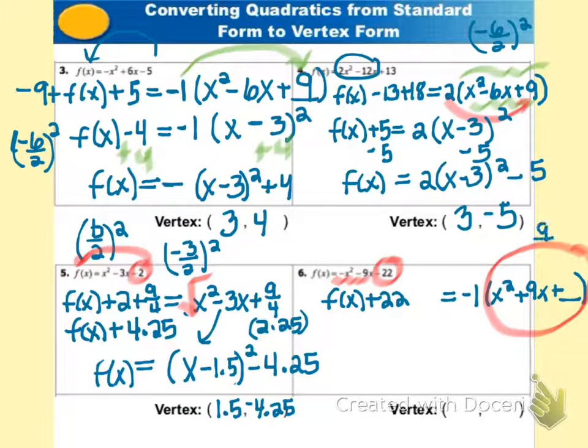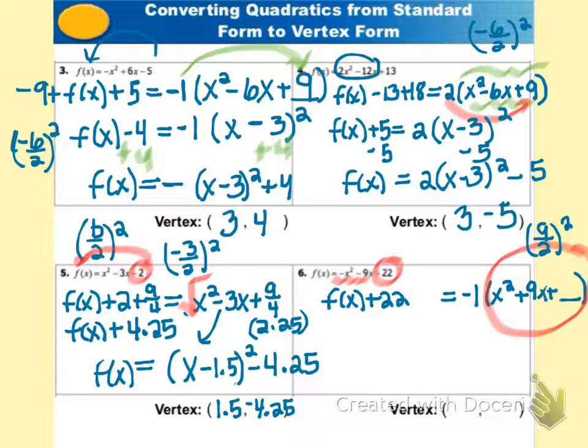Well, 9 divided by 2 is 4.5 squared. So for me, it's easier to just take the fraction 9/2 and square it, because that would be 81/4. But of course, that's probably not the nicest thing to add to the other side. So 81/4 as a decimal would be 20.25.